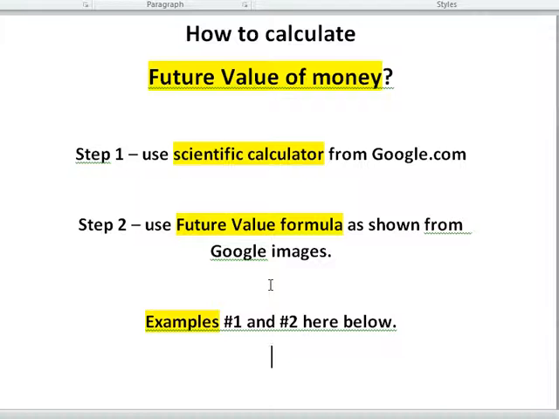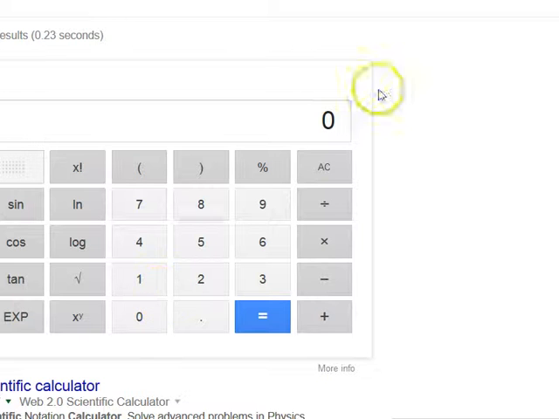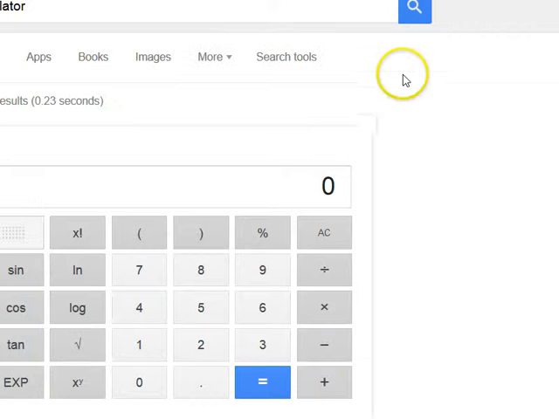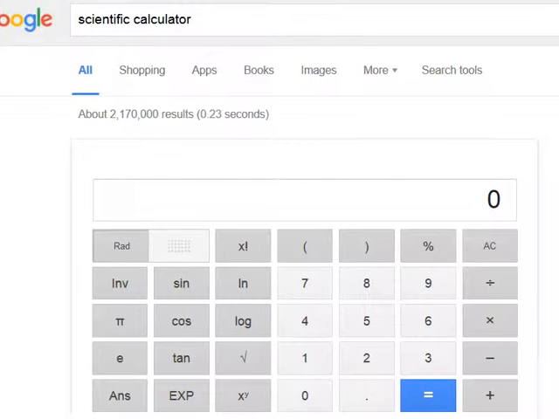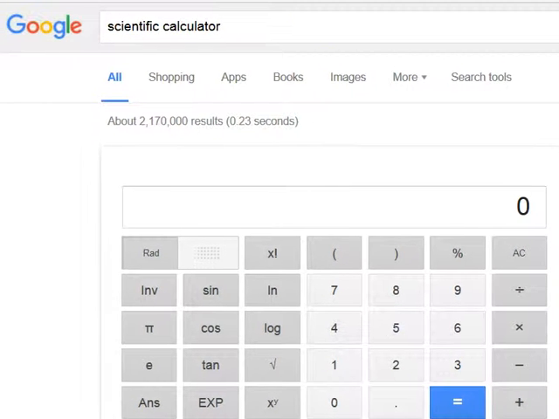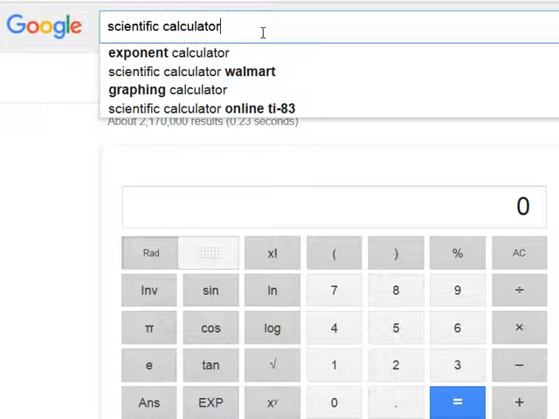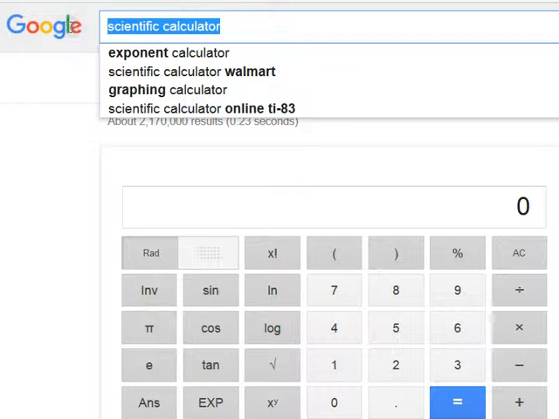So first thing we want to do is go to google.com and search for scientific calculator. I'm in google.com right now, and you want to type in the scientific calculator right there.